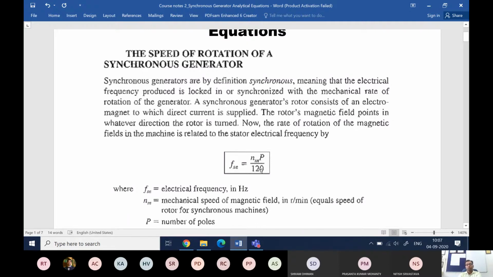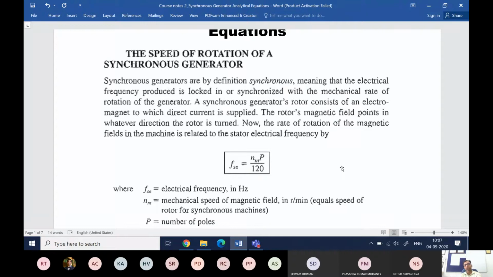So that's straightforward. This is the synchronous speed. Nm is the synchronous speed in RPM, which is the same as the speed of mechanical rotation of the rotor. And as we just said, this is due to the simple fact that your field winding is placed on the rotor and is supplied by a DC current.